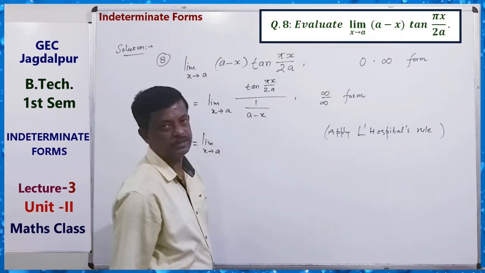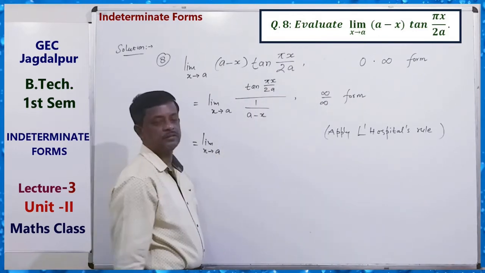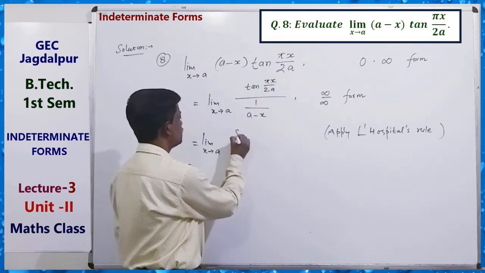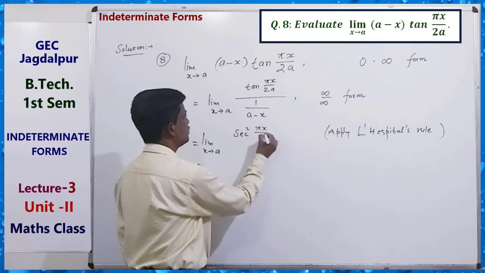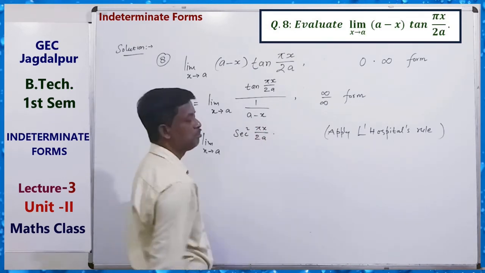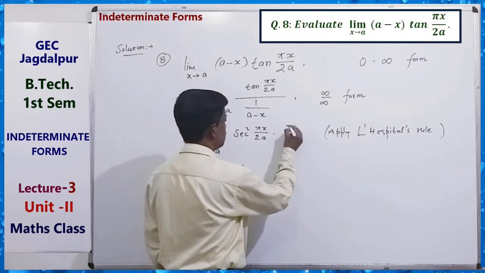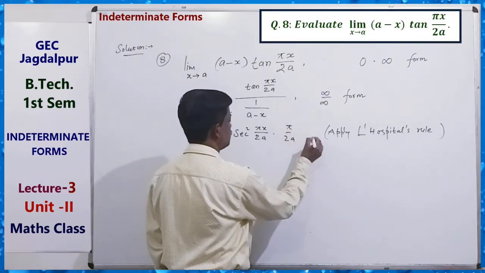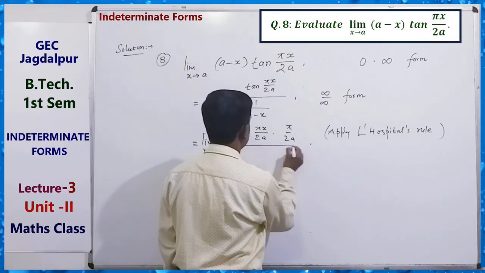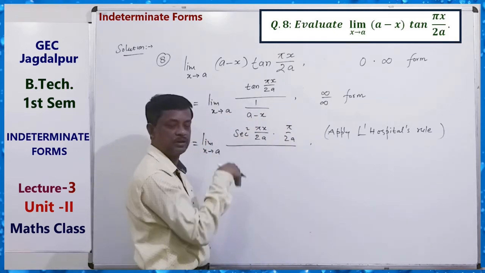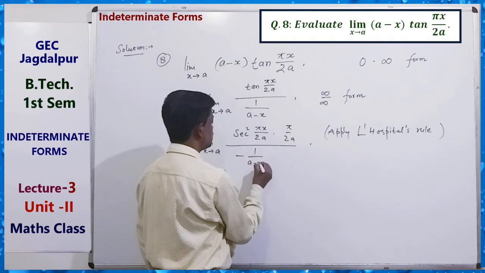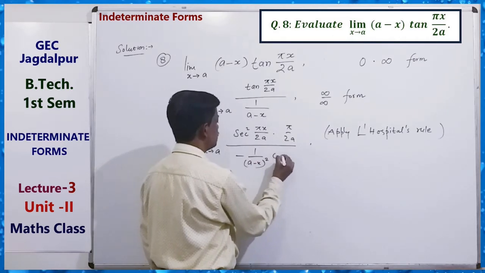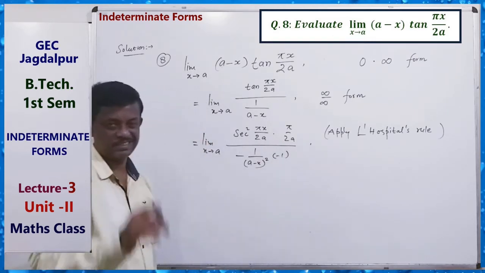Just differentiate it. Tan means sec square pi x by 2a into pi by 2a, and differentiation of this 1 upon a minus x is 1 upon a minus x square into minus 1.